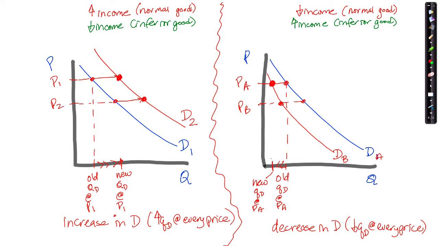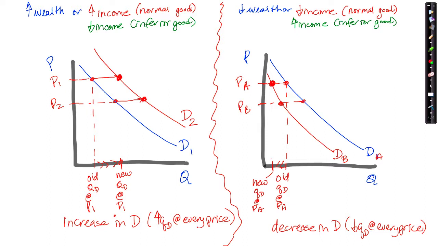The second factor that also affects the demand curve, things that can shift the demand curve, is wealth. And with wealth, you can also think about normal and inferior goods. Most goods are normal goods, and so an increase in wealth with a normal good would also shift the demand curve to the right, increase demand. And a decrease in wealth with a normal good would shift the demand curve to the left.